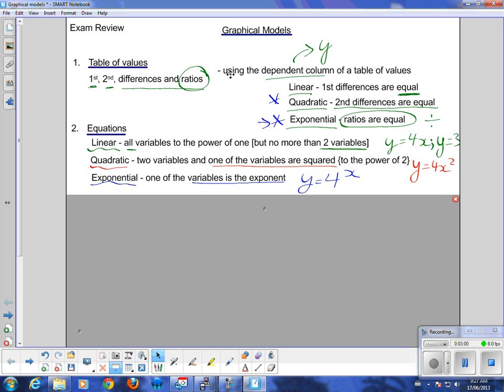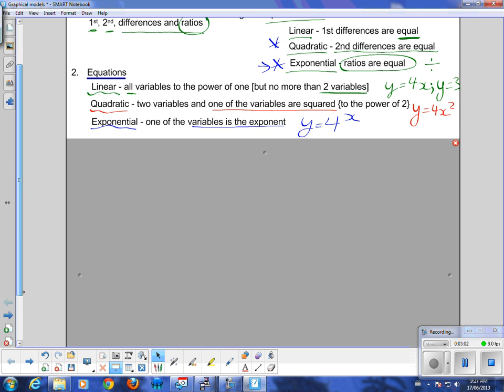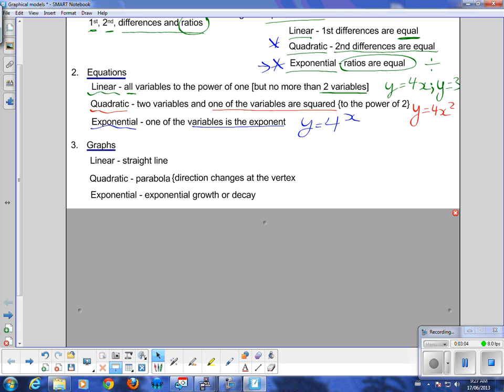The other important aspect of this unit had to do with graphs. And again, for most of you, this wasn't an issue. If it's linear, it's a straight line. Quadratic, it's a parabola. Really watch out with the parabola because the direction changes at the vertex.